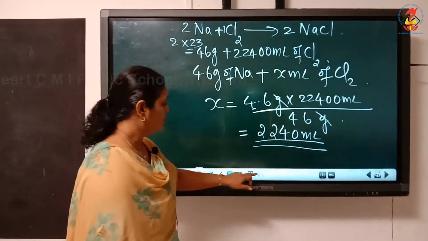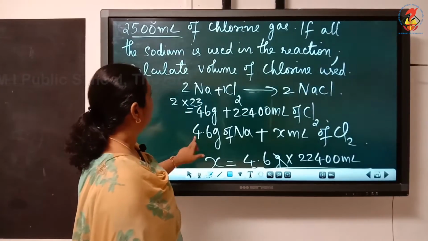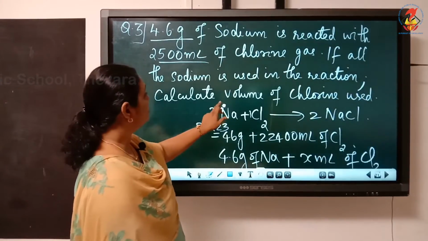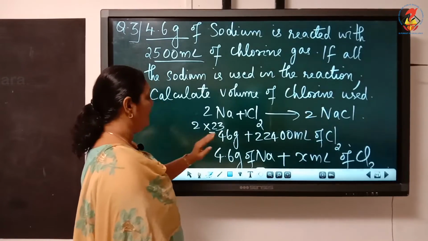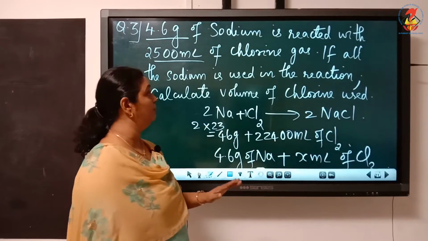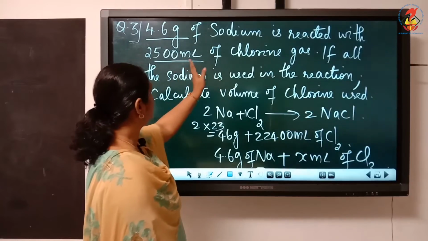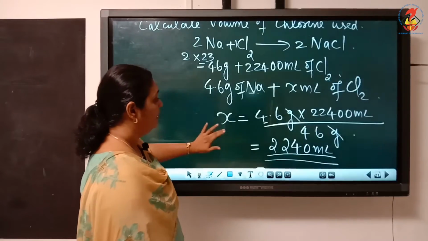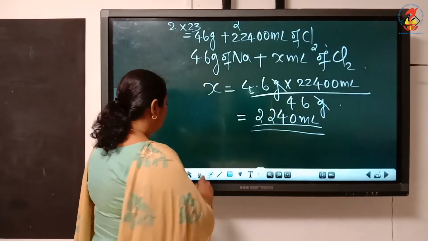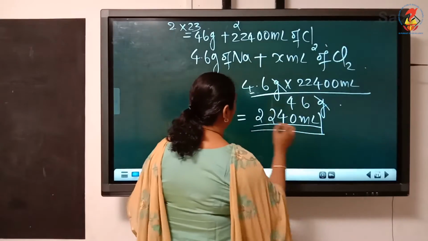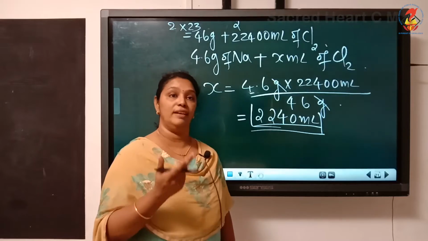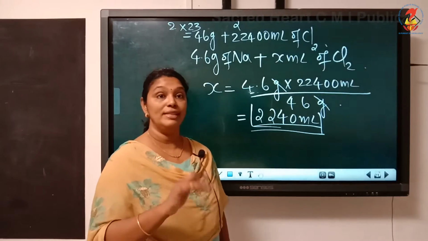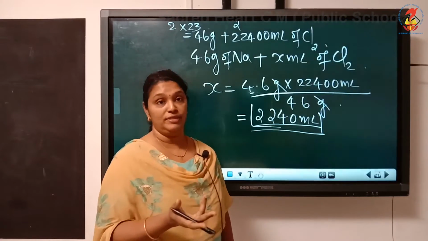If you look at this question, if all the sodium is used in the reaction, which means sodium is the limiting reagent, calculate the volume of chlorine used. We can say out of 2500 ml, we used only 2240 ml of chlorine gas to react with 4.6 gram of sodium. So what is the excess of chlorine left? Chlorine is in excess.